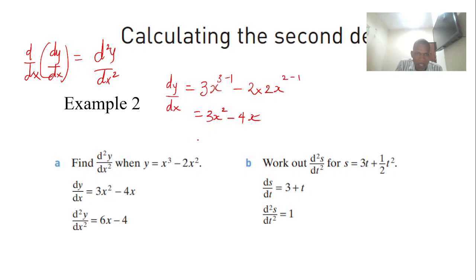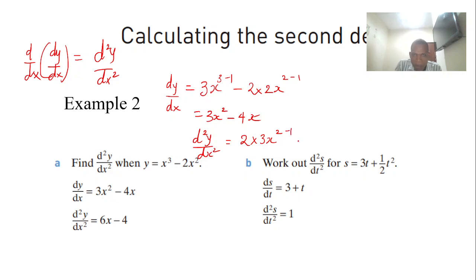Now we are going to differentiate again to get d squared y over dx squared. So basically you are differentiating your answer one more time. If I differentiate 3x squared, the 2 comes to the front, so that 2 is now multiplying 3, and you have x to the power of 2 minus 1.